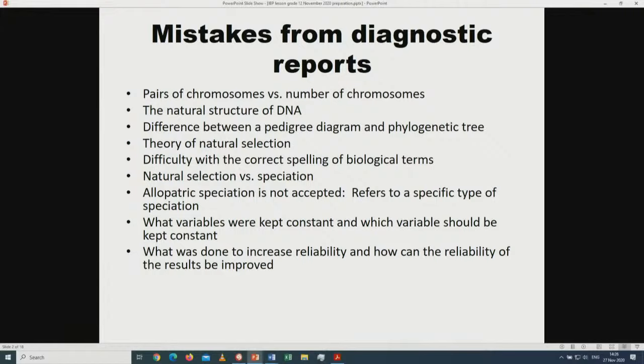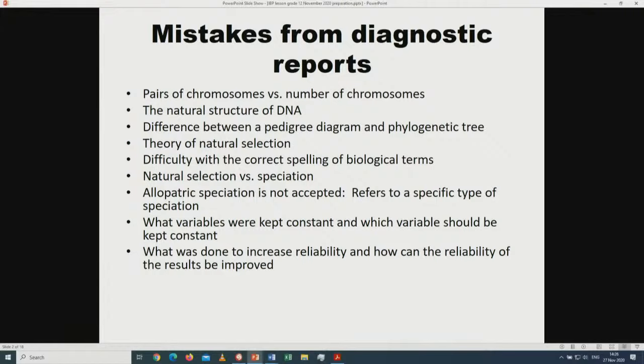So that is one of the mistakes that was picked up from previous diagnostic reports. Another mistake that was made by candidates is when they state the natural structure of DNA. Many of them will write double-stranded DNA, and we know that the natural shape of DNA is double helix. It's helical in shape and is double-stranded. That must be indicated. And the differences between the pedigree diagram and the phylogenetic tree.